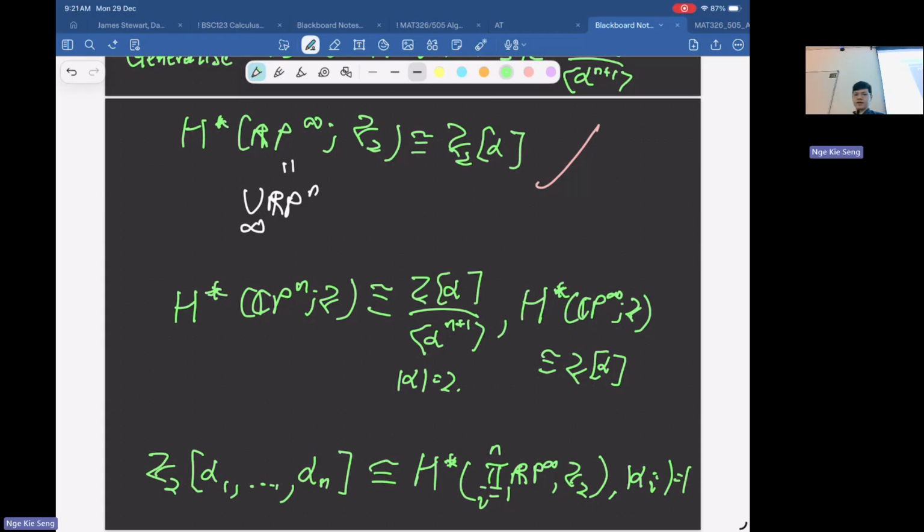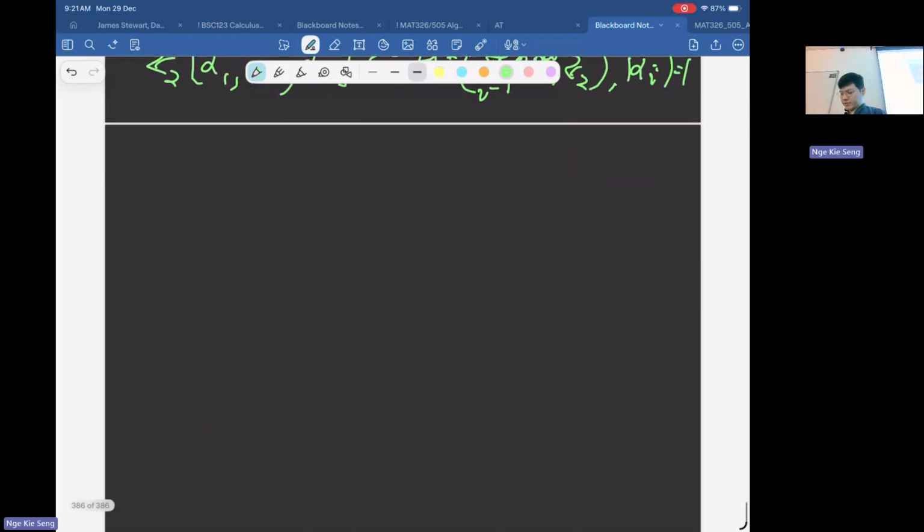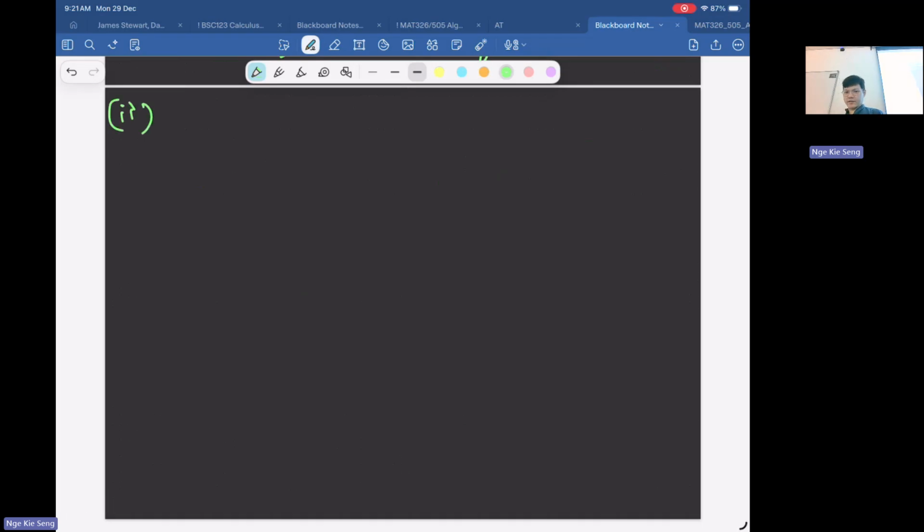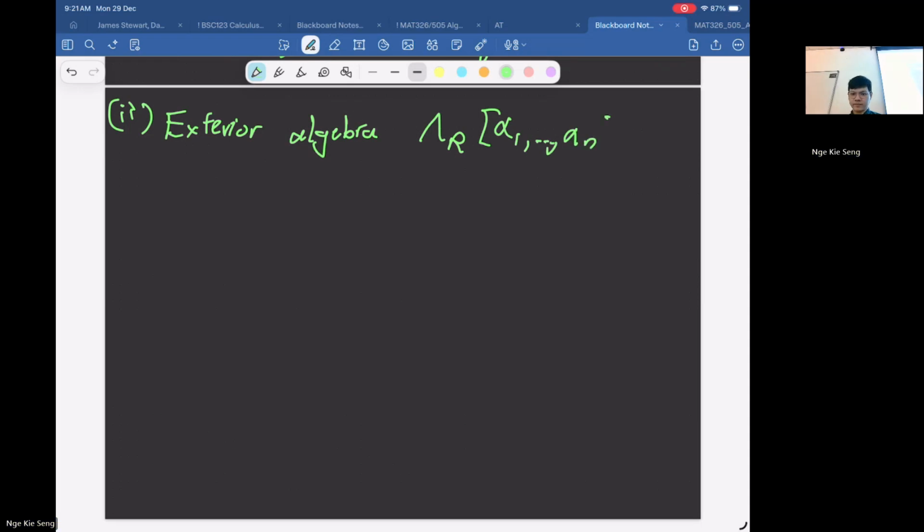Next, I want to introduce the exterior algebra. I think you met it in differential manifolds. This algebra turns out to be very important in this chapter. So let's define the exterior algebra over a commutative ring.